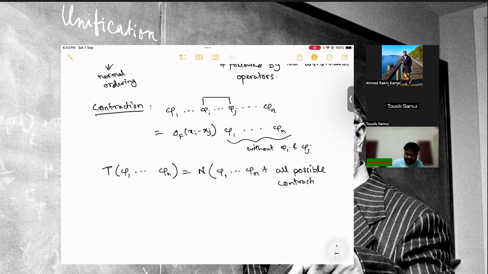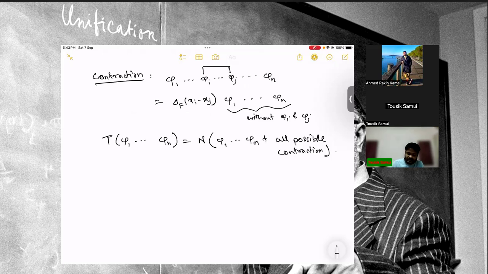All possible contractions means the term with zero contractions, then one pair contraction, two pairs, and so on.